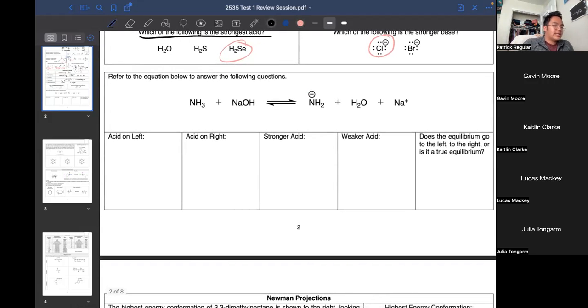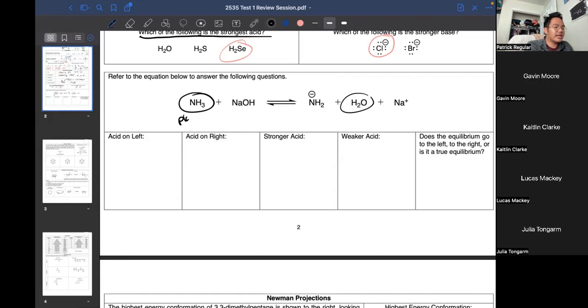Now, it gives us this equilibrium table right here. We're looking at where it shifts. Again, the first step is identifying your acids. What are our acids here? NH3 and H2O. We don't care about everything else because these two are what the pKa's are correlated with.